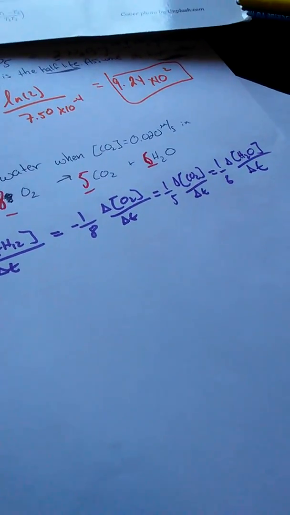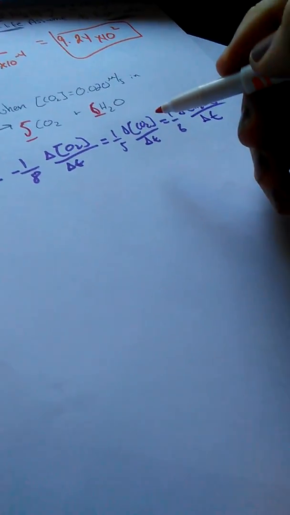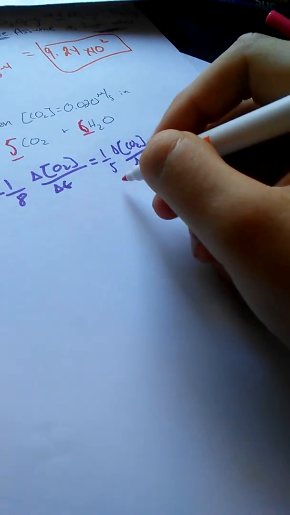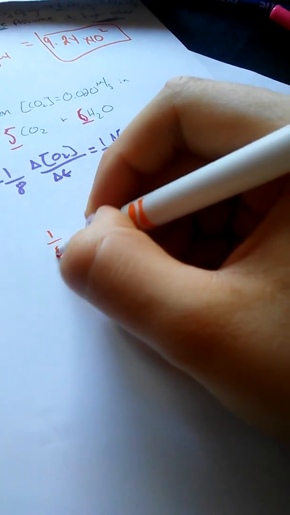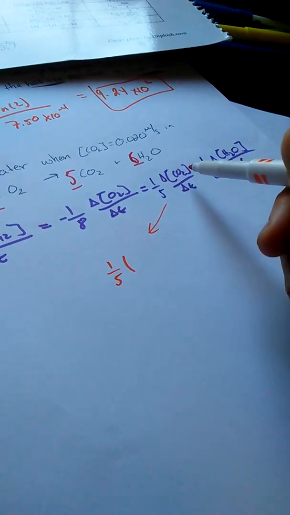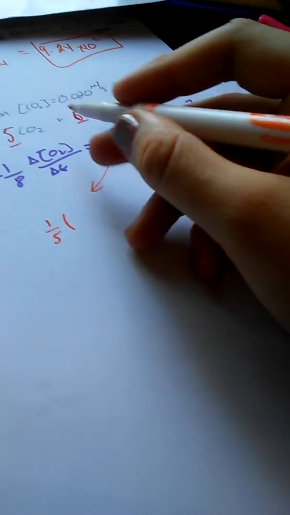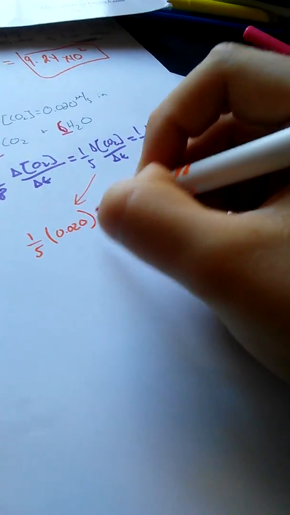So what do they give us? They give us the concentration of CO2. So we just bring this over here and plug it in. We have 1 over 5 and we substitute 0.020 into the concentration. So it's 1 over 5 times 0.020.